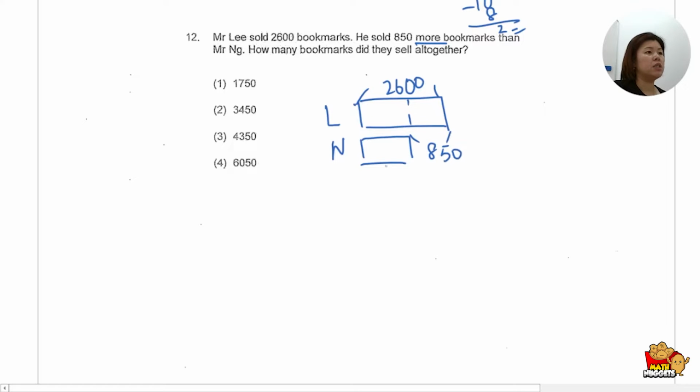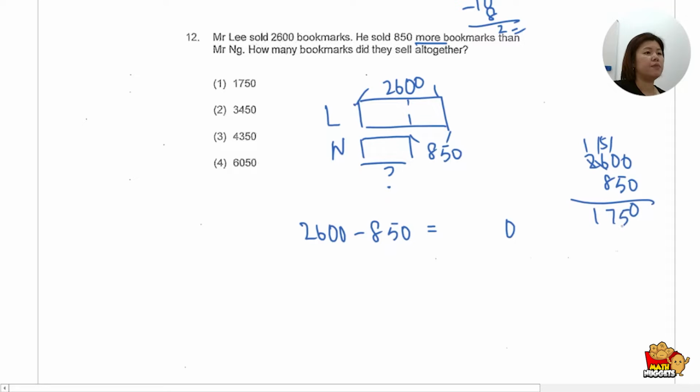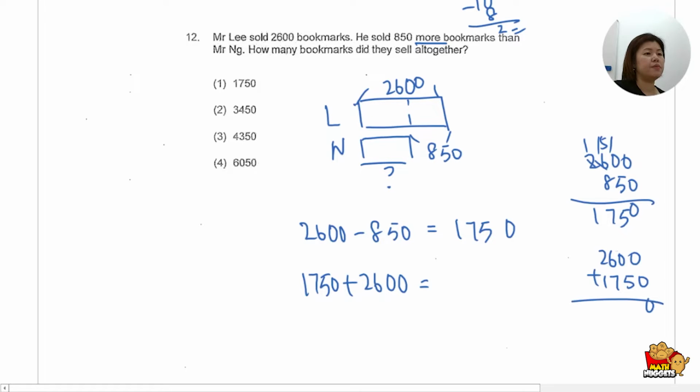I want to find Ng, so Ng is shorter, so must minus. $1,750. They want to find all together, so I need to plus them. Answer 4350, which is number 3.